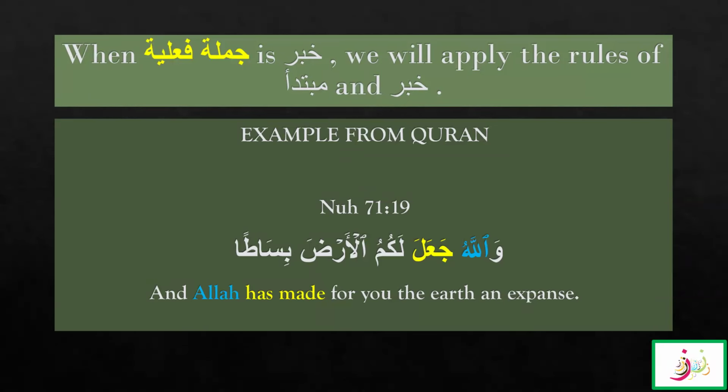For the i'rab, inshallah we are going to start our i'rab session soon, but remember for now that because here our jumla fi'liya is in place of khabar, because we know the structure of jumla ismiya, it is mubtada and khabar, and here a descriptive noun is not used but a jumla fi'liya is used. So because the jumla fi'liya is in place of the khabar, we will call it fi mahalli rafa khabar.